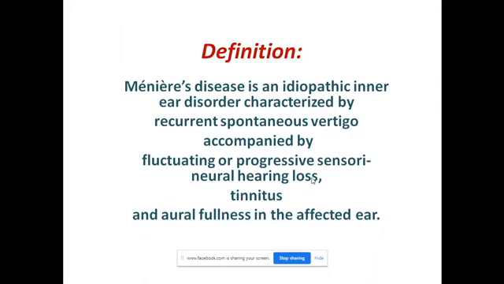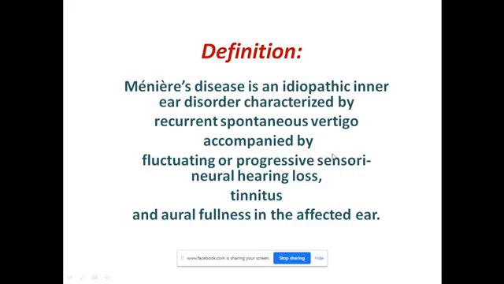Meniere's disease is an idiopathic vestibular disorder characterized by recurrent spontaneous vertigo accompanied by fluctuating or progressive sensorineural hearing loss, tinnitus, and aural fullness in the affected ear. By definition, we can see the total disease preview.